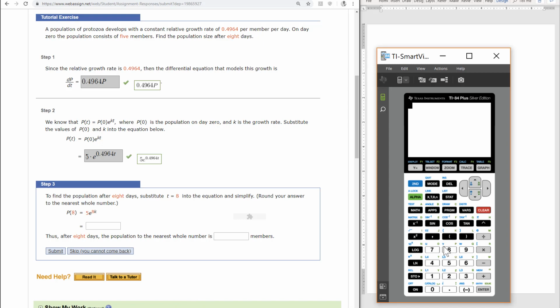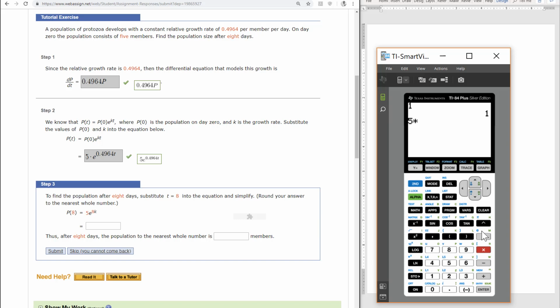And here I have my graphing calculator. So it's going to be pretty straightforward. We have a 5. Let's go ahead and clear all that and go down a little bit here. All right, we have a 5, and then we have times the exponential function.